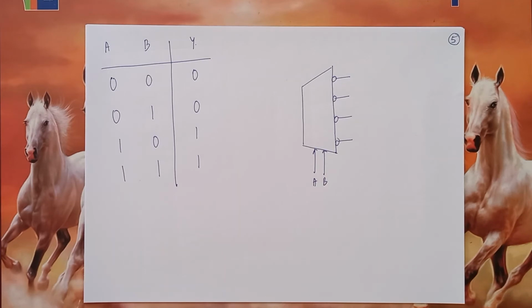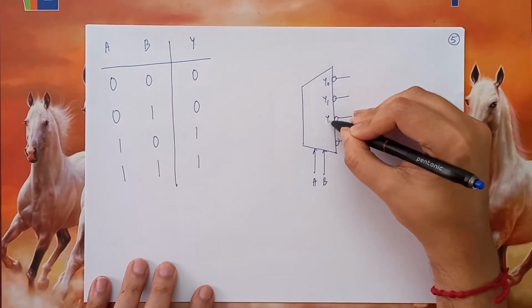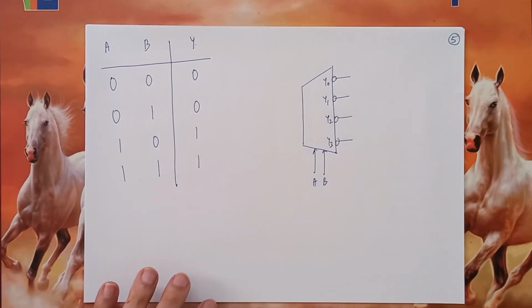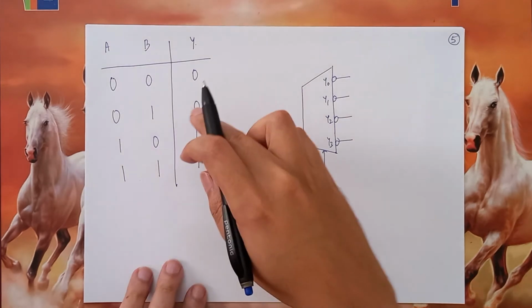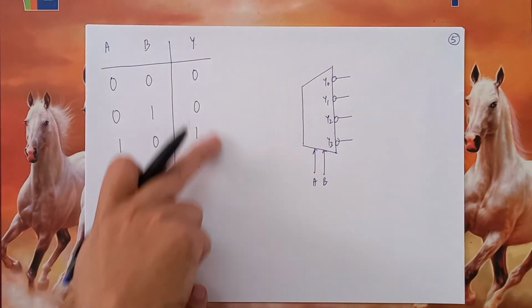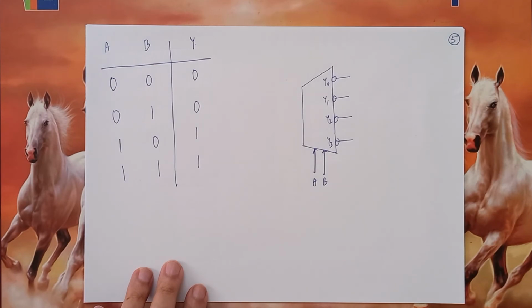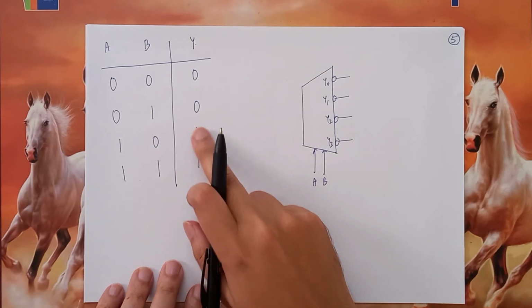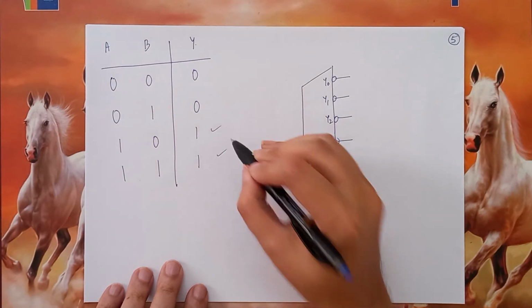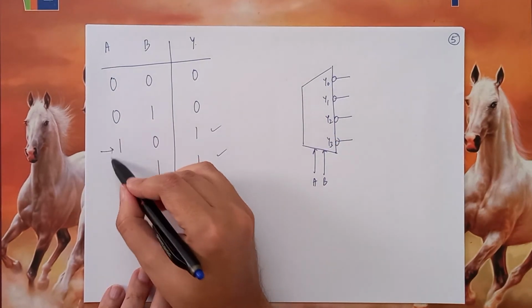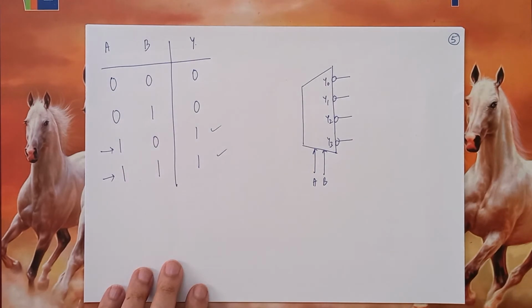So let us say now I hunt for the ones. This is y0, y1, y2 and y3. Let's say now we are looking again for the minterms like we used to do earlier while solving the K-maps. Now let us say that we are looking for these two terms. That is the cases when AB are 1, 0 and 1, 1. So when AB are 1, 0 and 1, 1, either y2 or y3 will be activated.